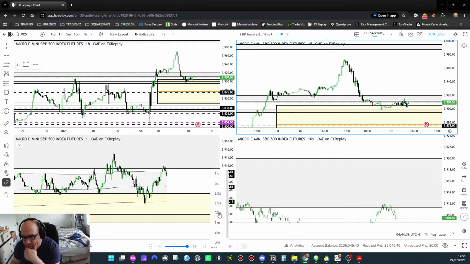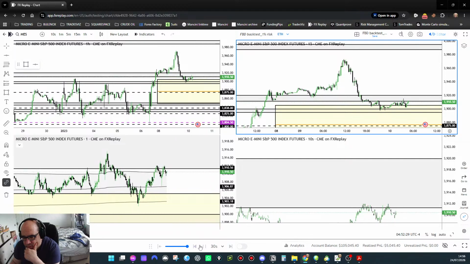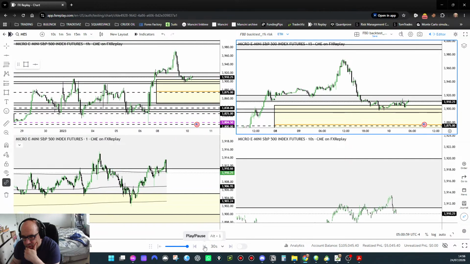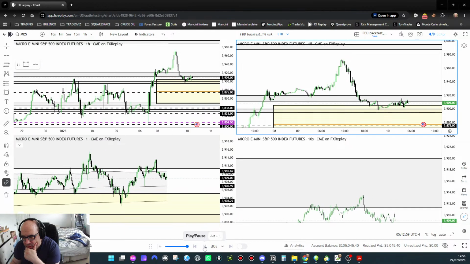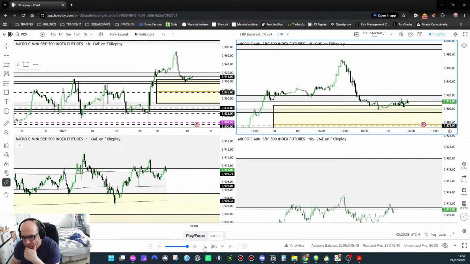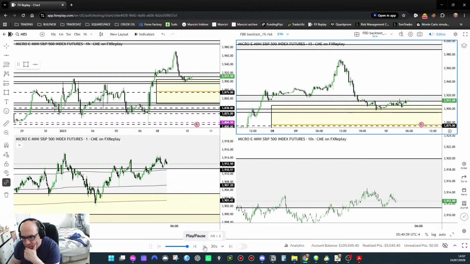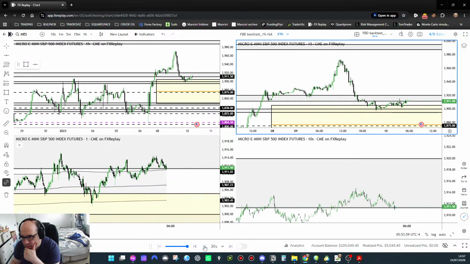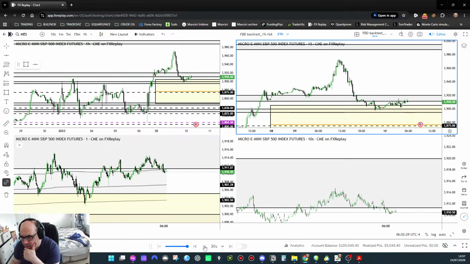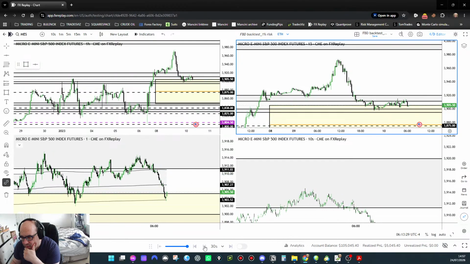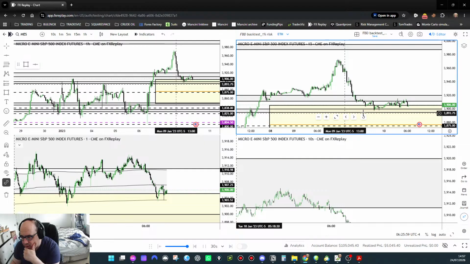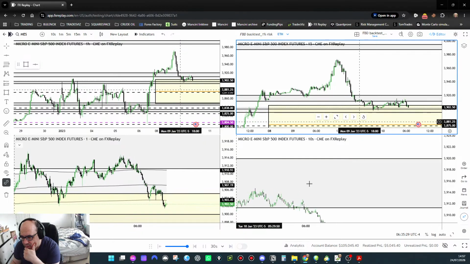Let's see now. We are attempting a breakout now, but let's see. Just looking for the lows to be taken again, like the recent lows.